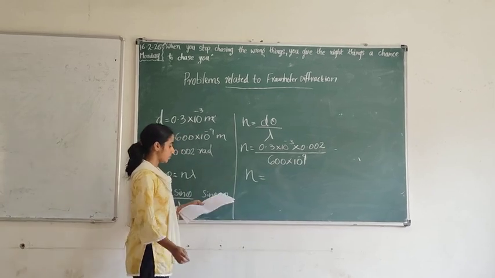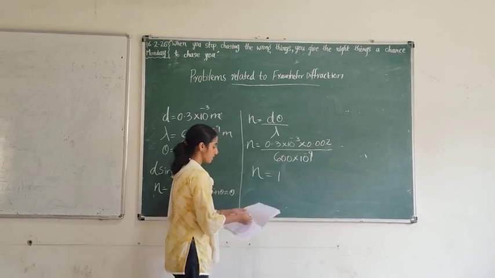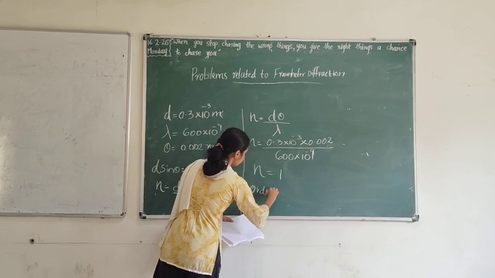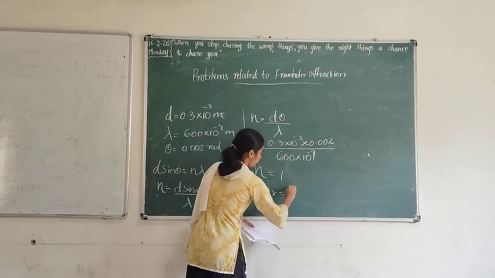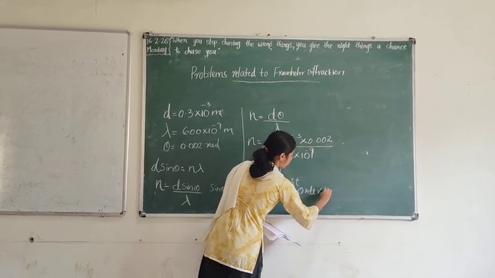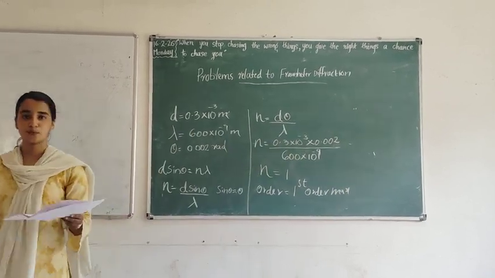By calculating this we got 1. That means the order is first order maximum. Okay, it's a simple problem.